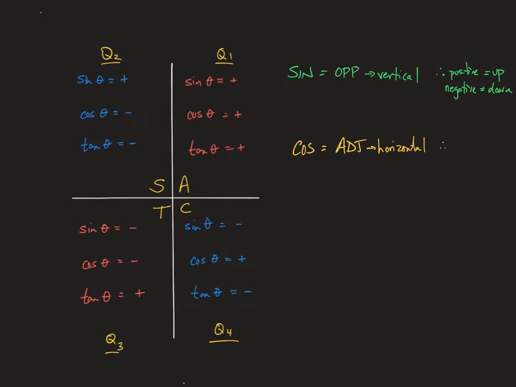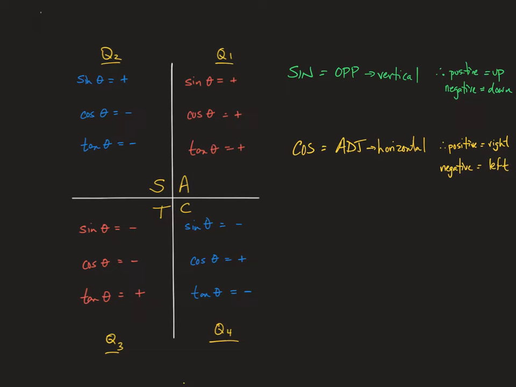And if we have a positive horizontal side, then that means we go to the right. If you have a positive x coordinate, you move to the right. And if we have a negative horizontal side, then we move to the left. It's that straightforward.